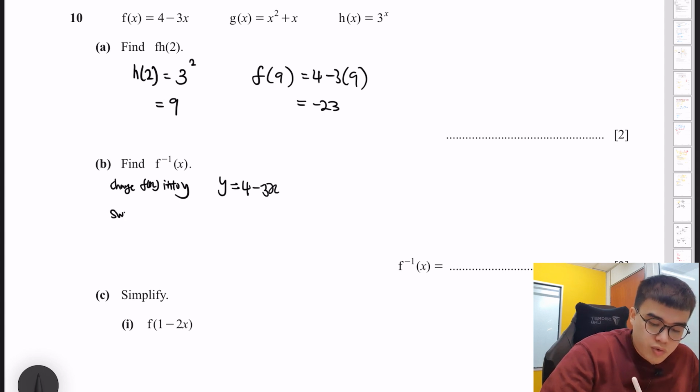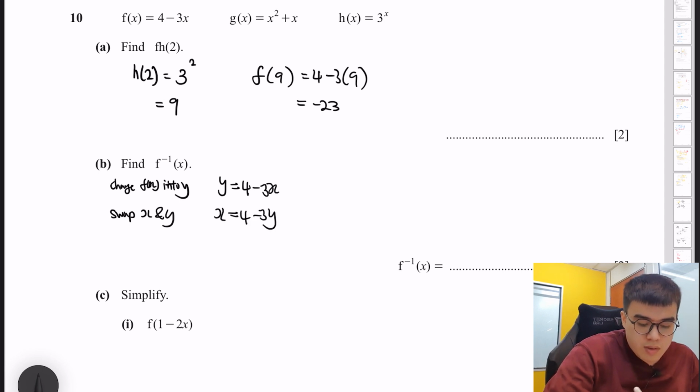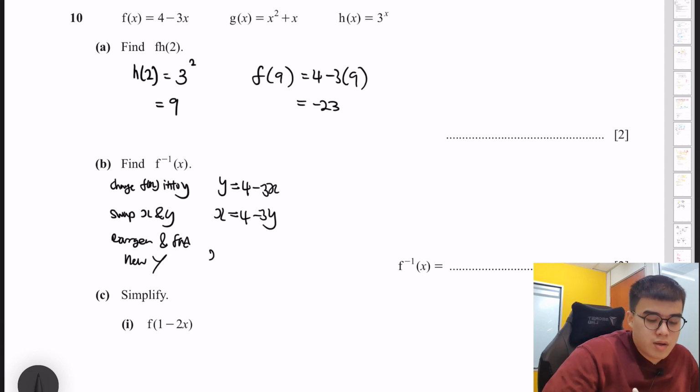Step 2 is to swap x and y. So I get x equals 4 minus 3y. Then the last step is to rearrange and find the new y here. 3y equals 4 minus x. y equals 4 minus x over 3.